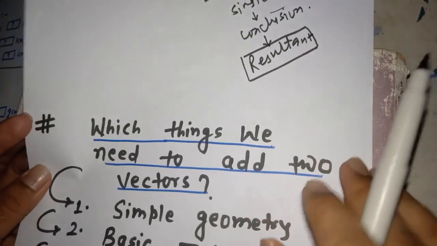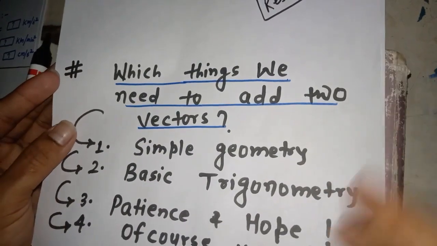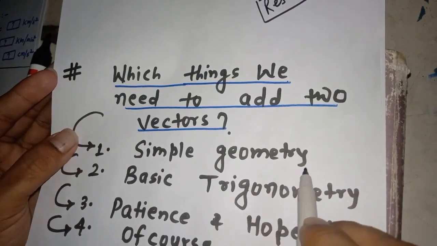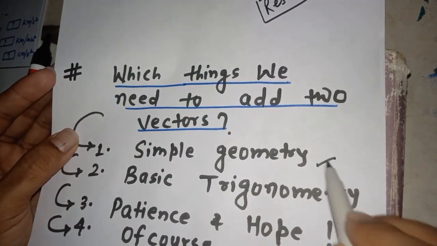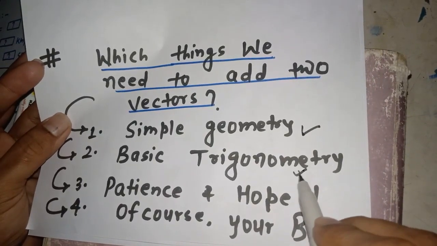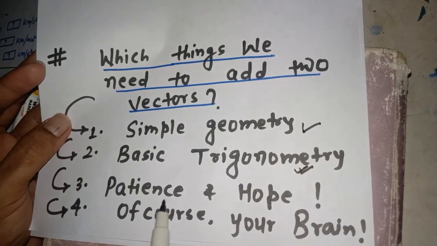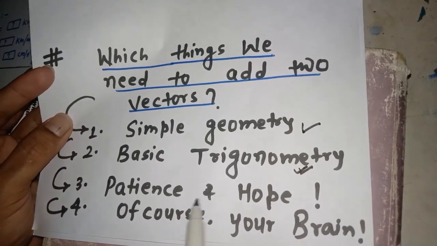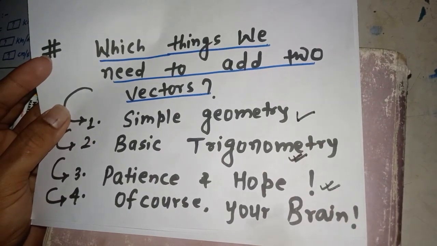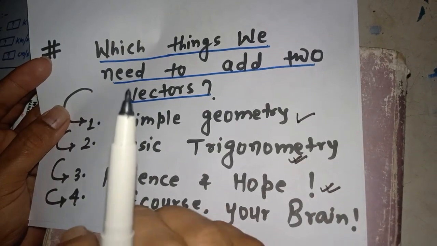So we need something. What do we need? What things do we need to add two vectors? First of all, we must have knowledge about geometry, simple geometry, and some basic trigonometry. I will deal with the trigonometry now, and the third point is patience and hope.